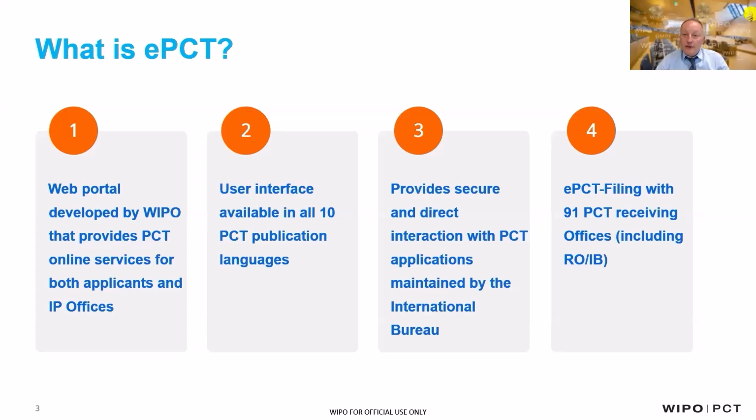The user interface is available in all 10 publication languages. It provides secure and direct interaction with PCT applications maintained by the International Bureau here in Geneva. As of today, we have 91 PCT receiving offices, including RO/IB, who are accepting ePCT filings.